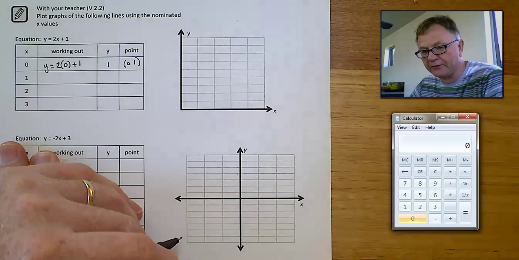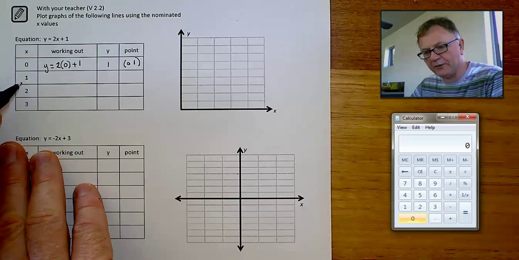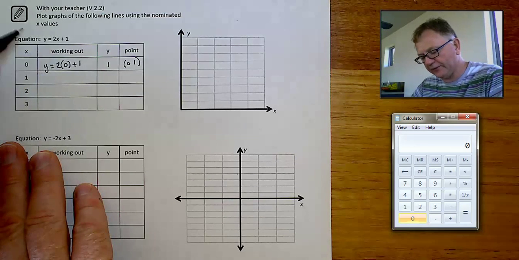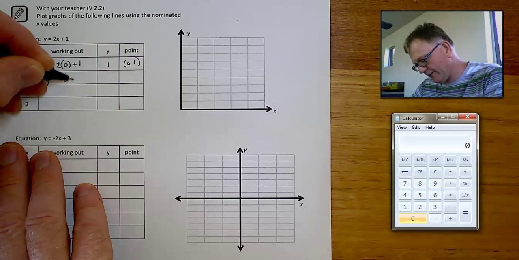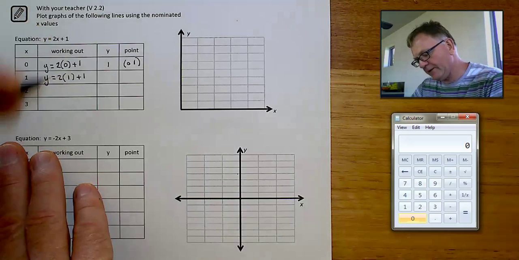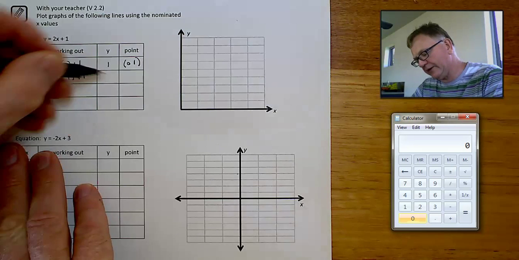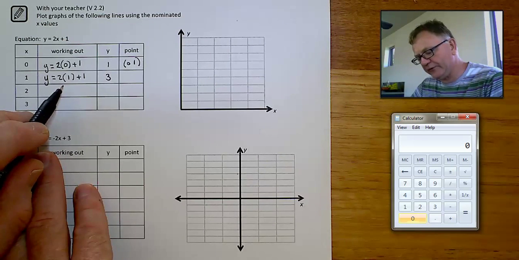Let's find some other points that are on the graph. When x equals 1, we can work out what y equals by putting x equals 1 into this equation. y equals 2 times 1 plus 1 more. 2 times 1 is 2 and 1 more is 3. When x equals 1, y equals 3.